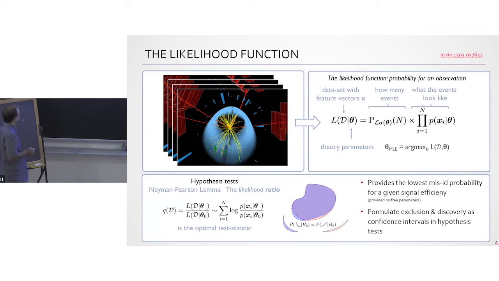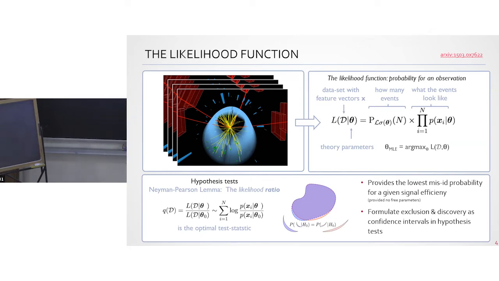Here on the left-hand side, I haven't even specified whether the data set factorizes into individual events, or this could also be ensemble methods. On the right-hand side, the logarithm of the distribution of individual events appears under the sum.